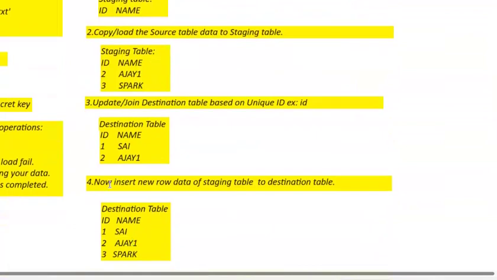Here you can see the insertion of the new row from the staging table to the destination table happens in the fourth step. At last, we get the destination table with both updating as well as inserting. That is nothing but we have done copying and removed the duplicates.